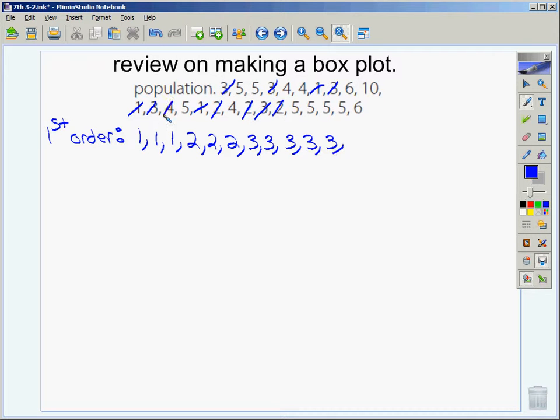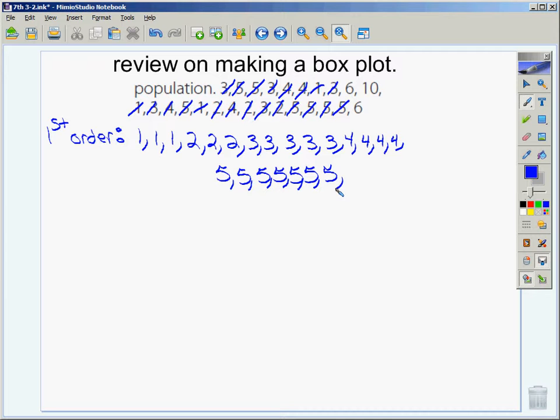And there are 1, 2, 3, 4. What's next? 5. 1, 2, 3, 4, 5, 6, 7. There are 7 5s.